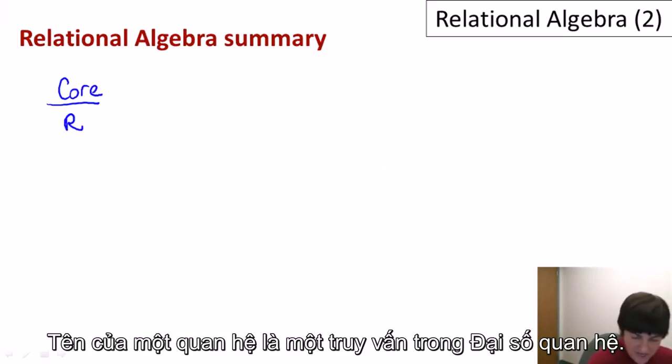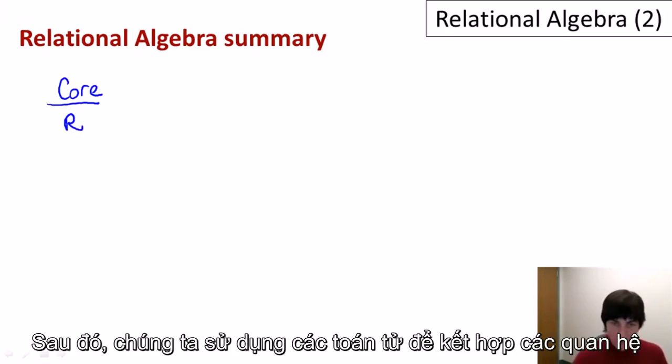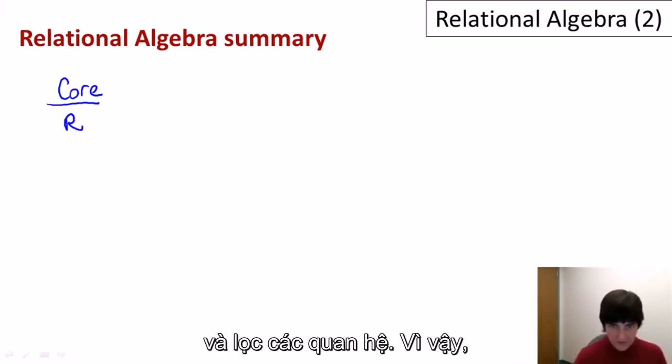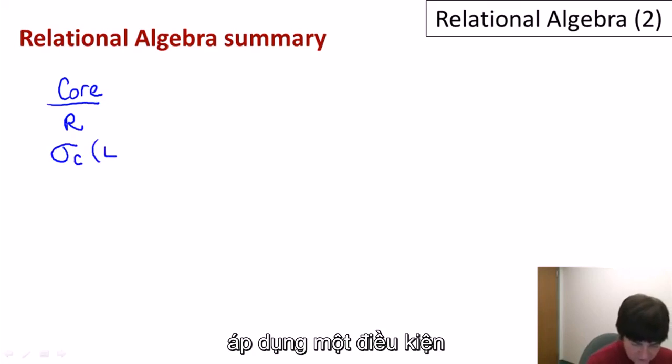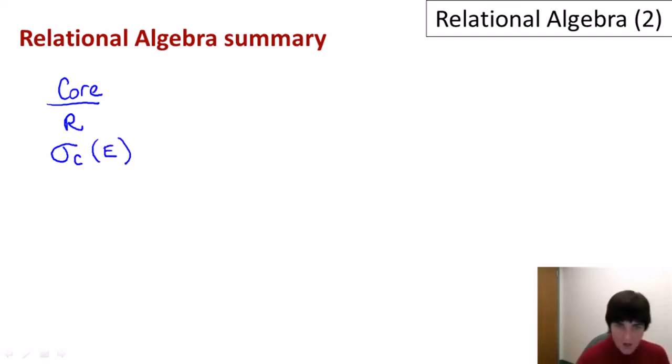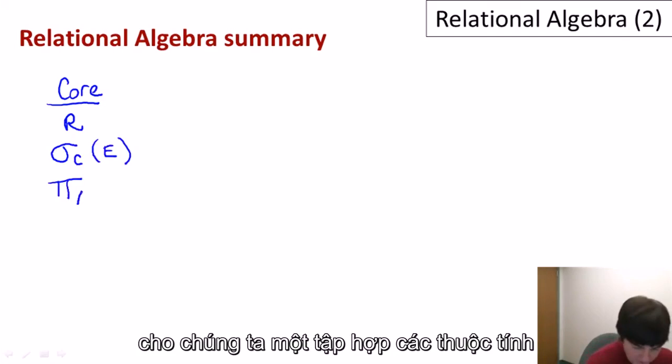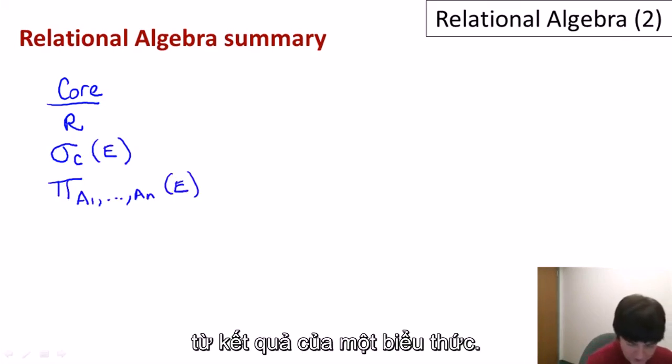So a relation name is a query in relational algebra, and then we use operators that combine relations and filter relations. So we had the select operator that applies a condition to the result of an expression. We had the project operator that gives us a set of attributes that we take from the result of an expression.